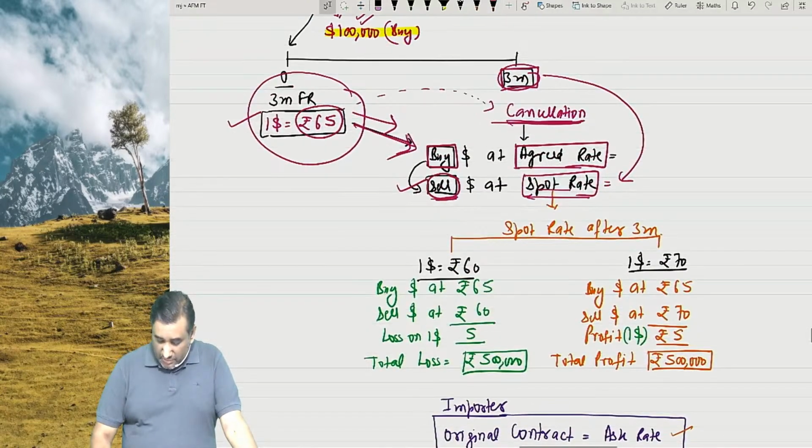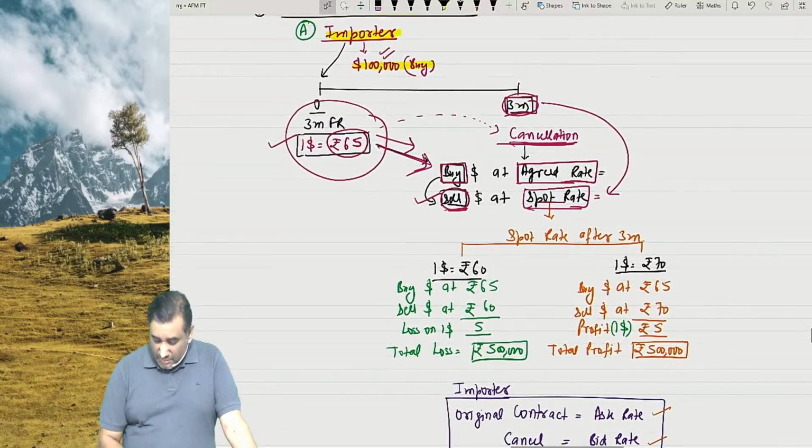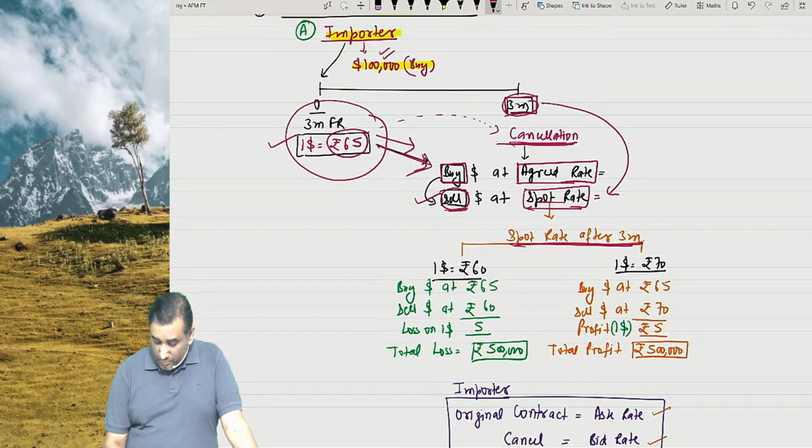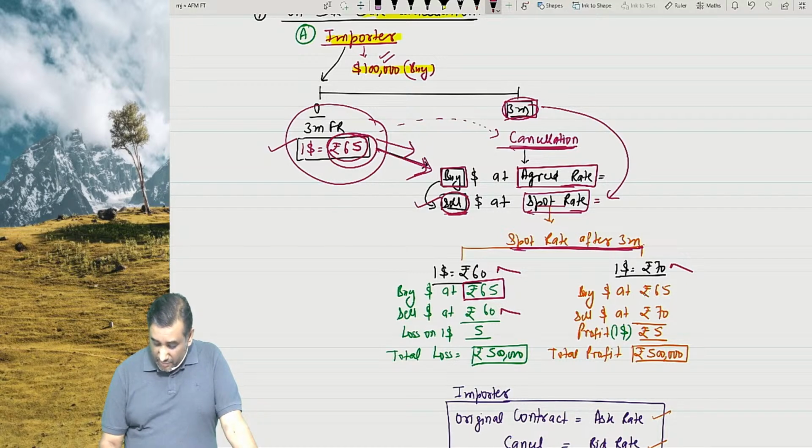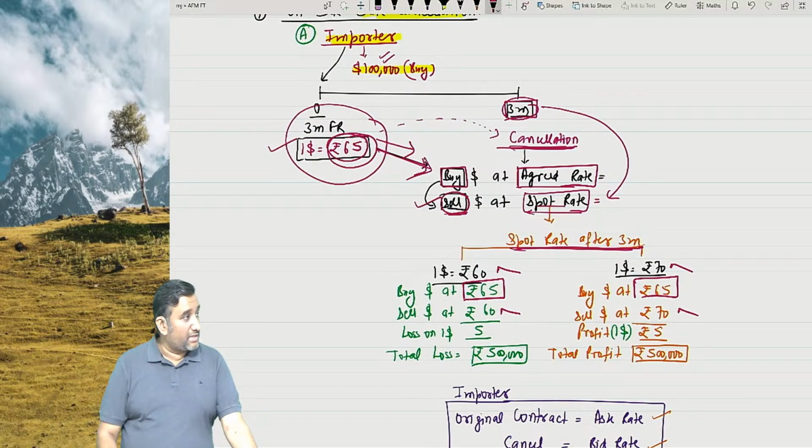Let's suppose spot rate after 3 months could be 60 or 70. If the rate is 60, buy dollars at 65, then sell dollars at 60. Buy dollars at 65, and if 70, sell at 70.